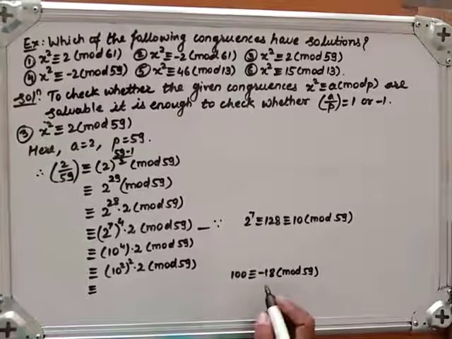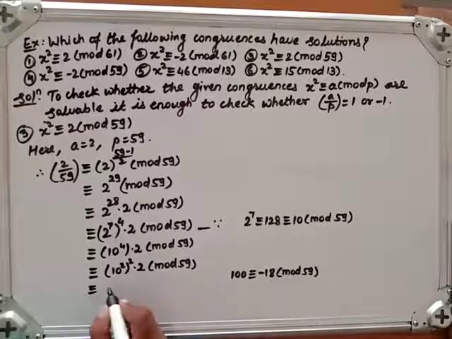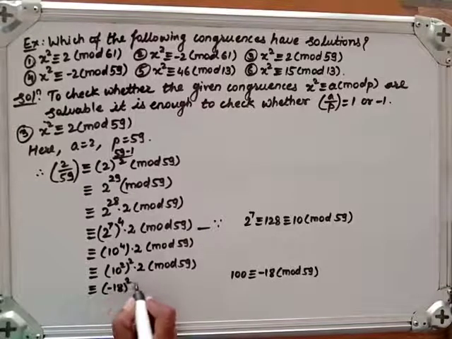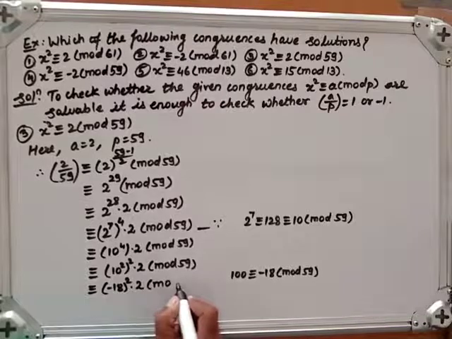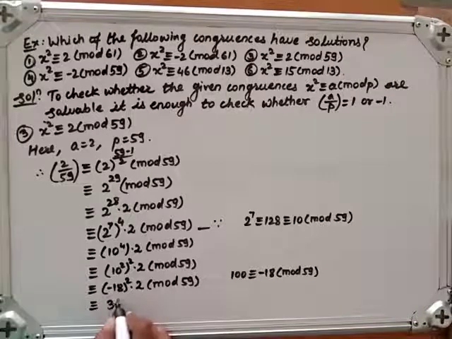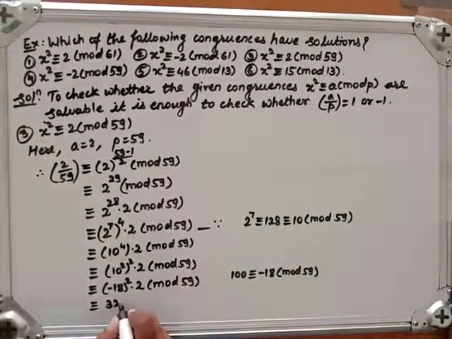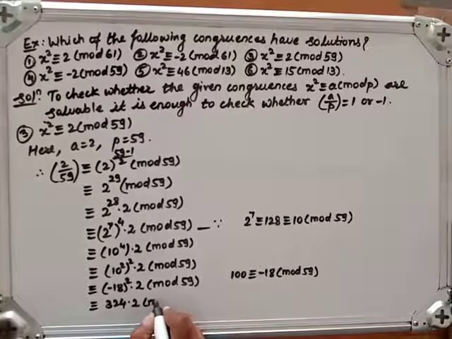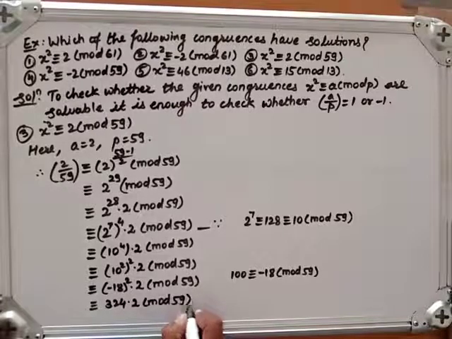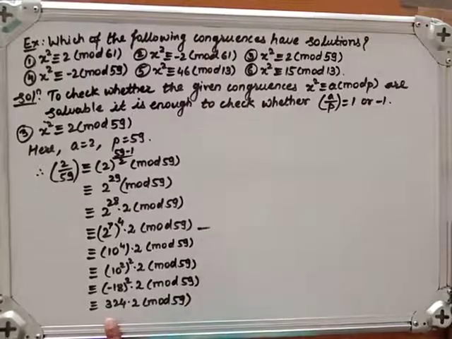Okay, so what we get here? So it will be (minus 18) squared into 2 modulo 59. Now (minus 18) squared is the same as 18 squared. Here it will be 324 into 2 modulo 59. So 324 modulo 59 is nothing but, here let me rub this one. These are the reasons, you can write down there.